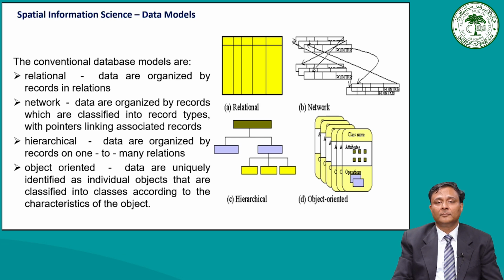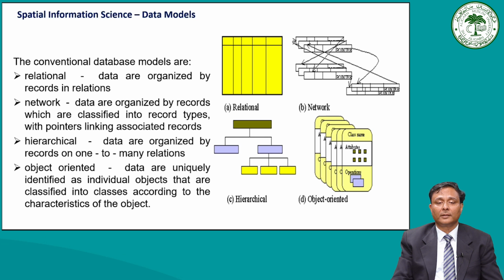Where in the network model, data are organized by records which are classified into record types with pointers linking the associated records. Another can be the hierarchical model. So here in the hierarchical model, data are organized by records in a parent-child, that is one-to-many, relation.